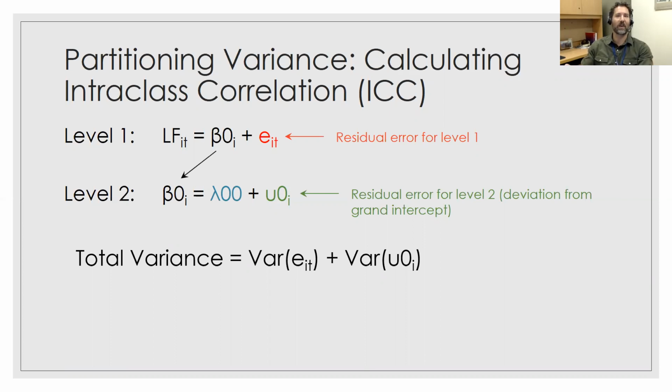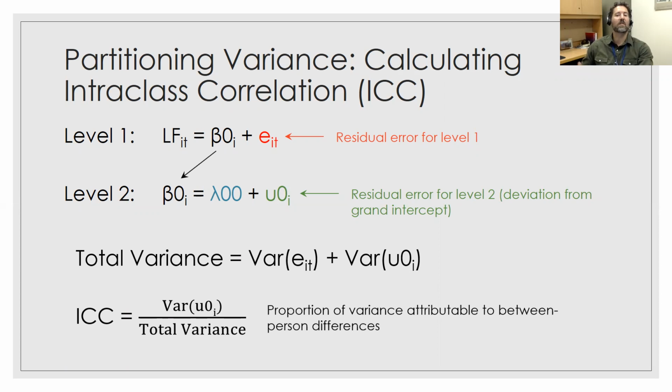So level 1 referring to within person variability, level 2 referring to between person differences. So the ICC is simply the level 2 error variance divided by the total variance. Thus, it captures the proportion of variance in the outcome variable attributable to between person differences.